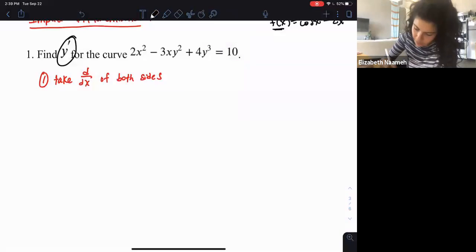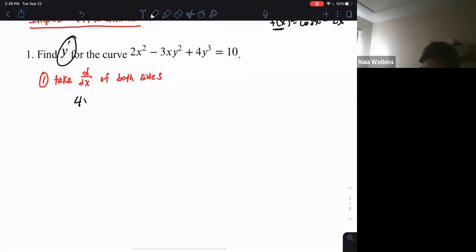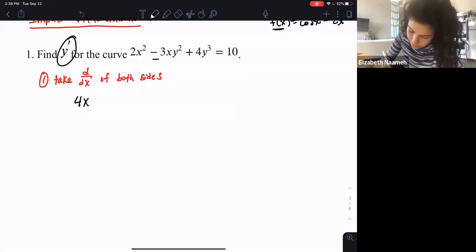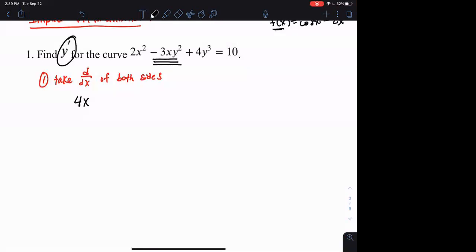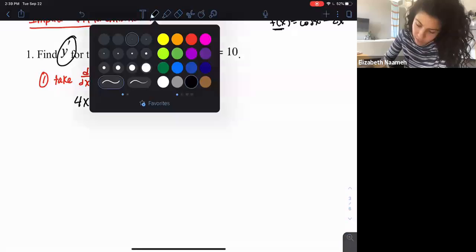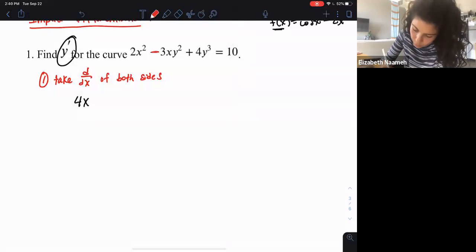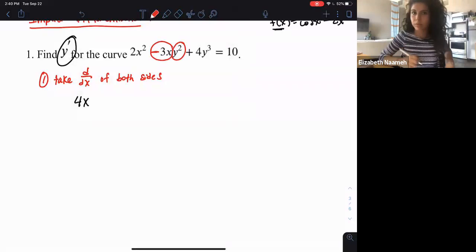Starting on the left side, what's the derivative of 2x squared? 4x. Next, what do you see happening in this term? Product rule. Let's circle, include the negative with the 3x. Include the sign there. And the second thing will be y squared. Let's use the product rule.